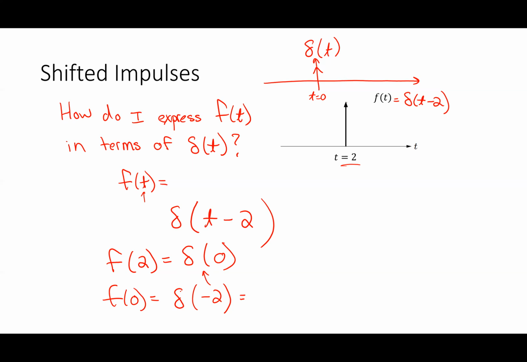So there's the delta function up top. What do we say was true about the delta function at all time values other than 0? 0, right? There you go. So delta of minus 2 is equal to 0.